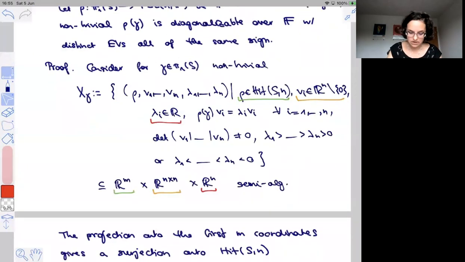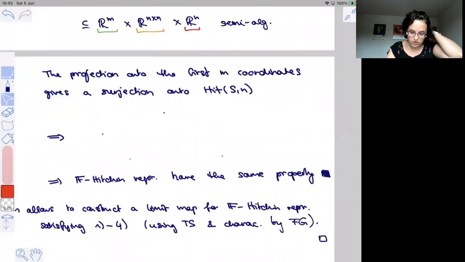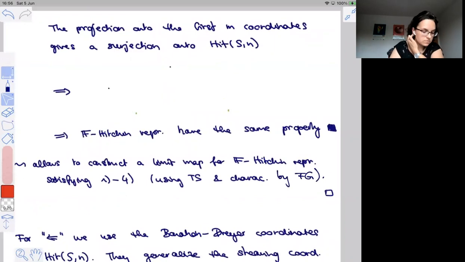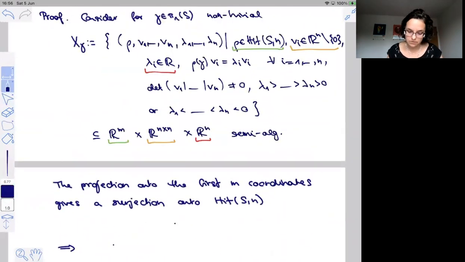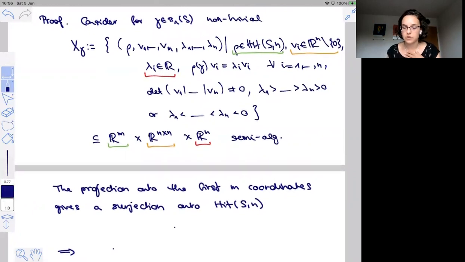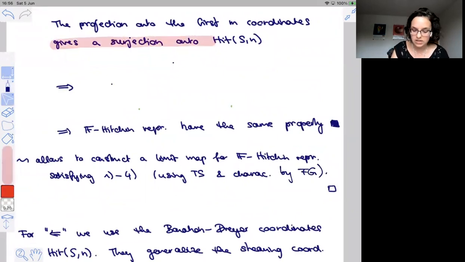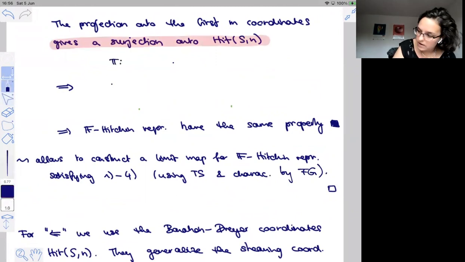What is the next step? Now we're going to look at the projection onto the first m coordinates. Remember, the first m coordinates were exactly where rho lies in the Hitchin component. So the projection onto the first m coordinates gives us a surjection, a map pi from X gamma onto the Hitchin component.